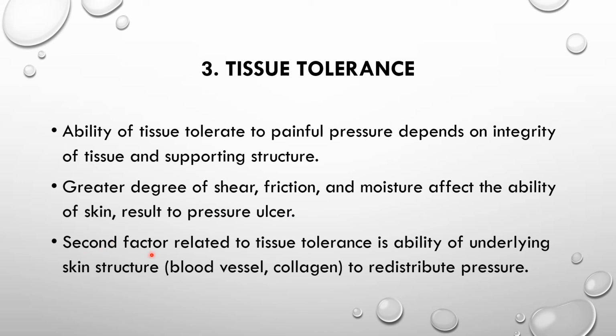And the second factor related to tissue tolerance is the ability of underlying skin structures like blood vessels and collagen to redistribute the pressure. It depends on how many blood vessels are present at that bony prominence area, and how many collagen fibers are present in the dermis.